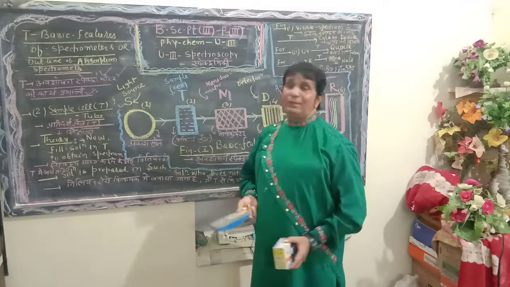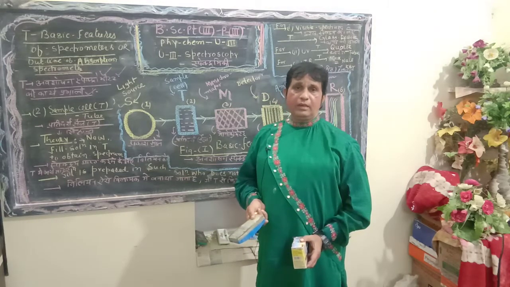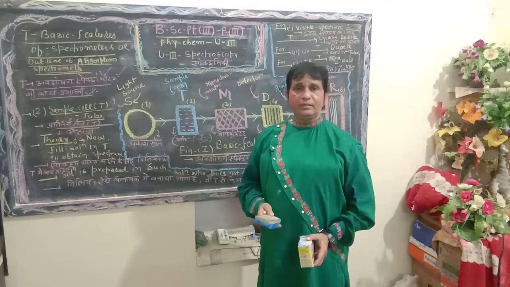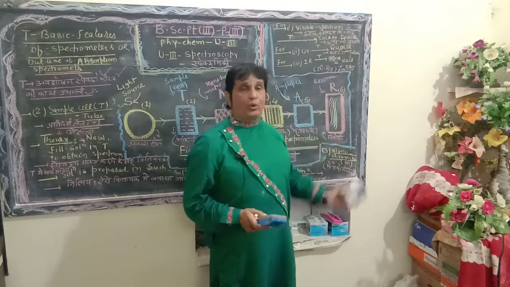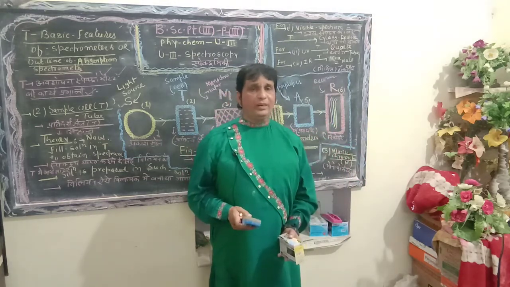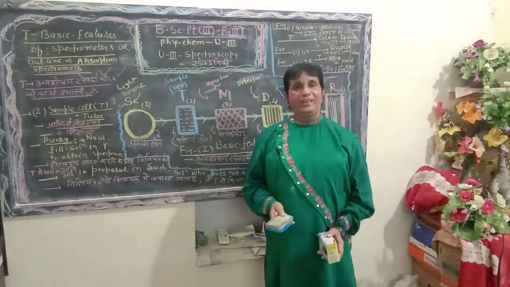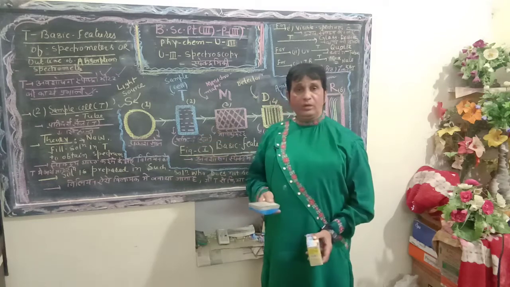Dear students, the main function of the sample cell T is this: the solution whose spectrum we are going to obtain on a photographic plate or recorder is filled into the sample cell T, part 2, device 2.